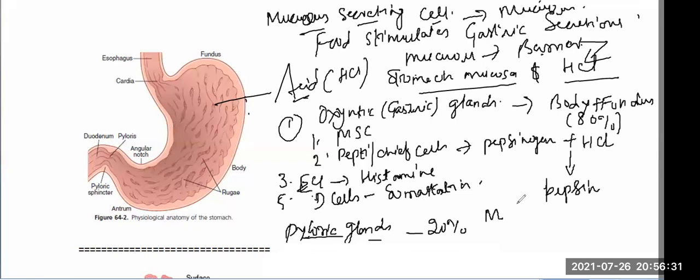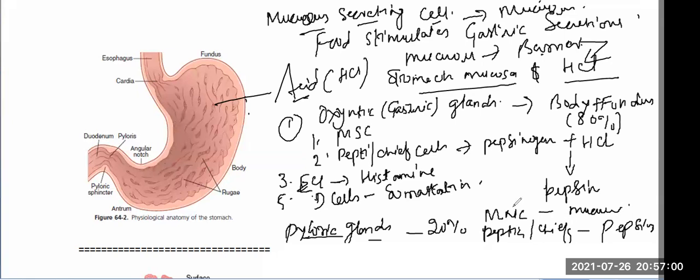You have mucous neck cells here, that will secrete mucus, that will help lubricate the food. The second thing that you have is your peptic or chief cells that you have in gastric glands as well, and they secrete pepsinogen, we know that.